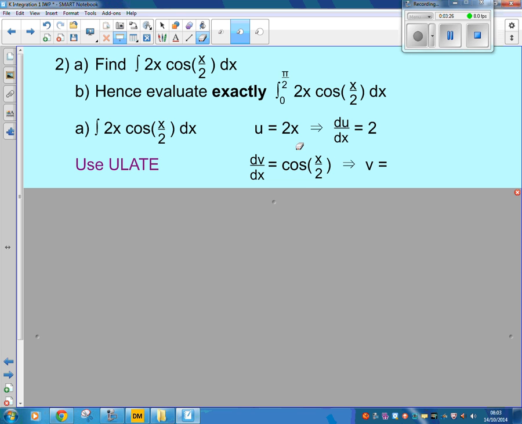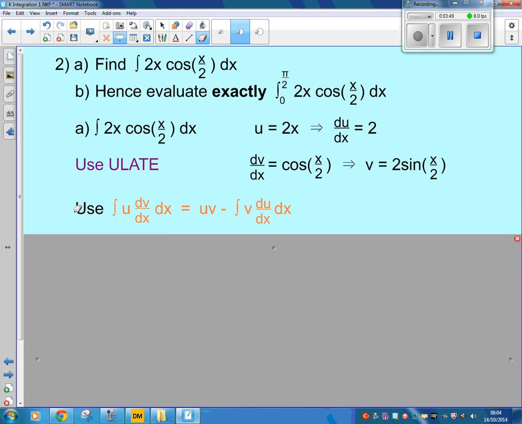But if you differentiate sine of x over 2, you'd get a half for cos. So we actually need to have 2 lots of the sine x over 2. And then if you differentiate that, you'll get a half times 2, 1, sine going to cos, and so that's going to work. So when you integrate cos of x over 2, you get 2 sine x over 2.